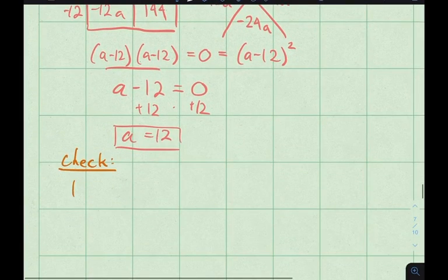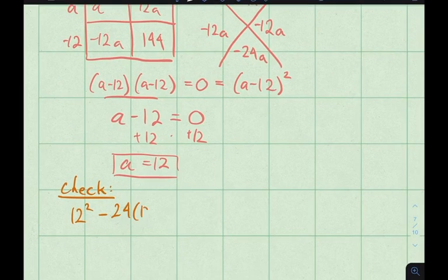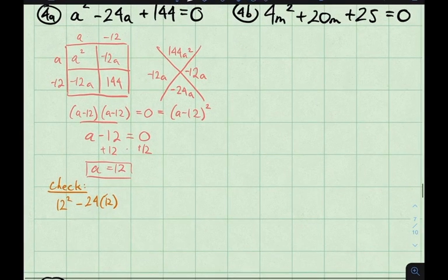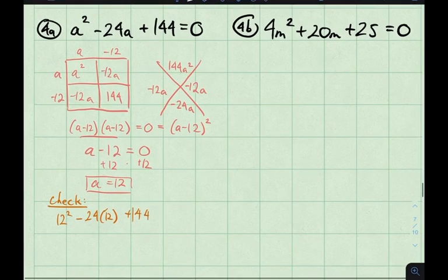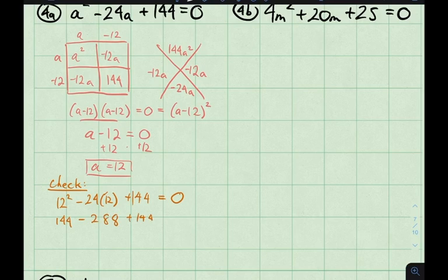So 12 squared minus 24 times 12 plus 144. That should equal 0. 144, this should be 288. So 240 and 48. Yep.